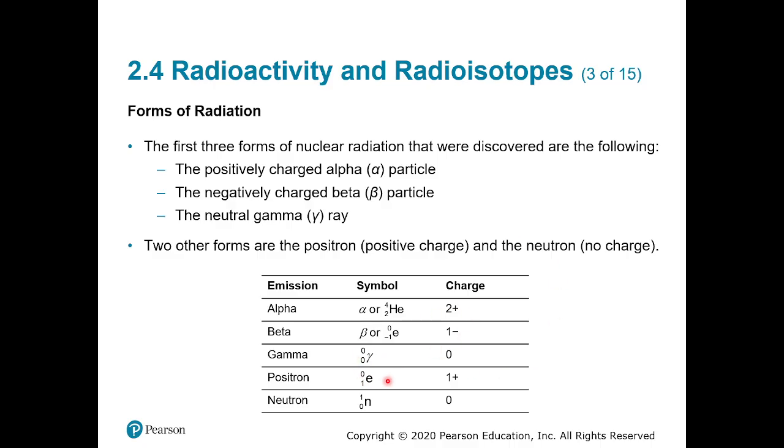Positron. This is going to be a positively charged electron. It's very similar to the beta particle, it just has a positive charge. Has anybody ever heard of antimatter? Like antimatter or photon torpedoes or whatever? Yeah.